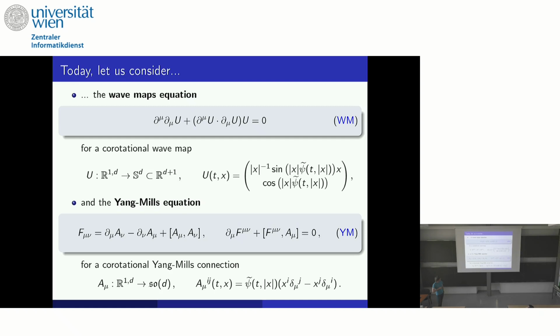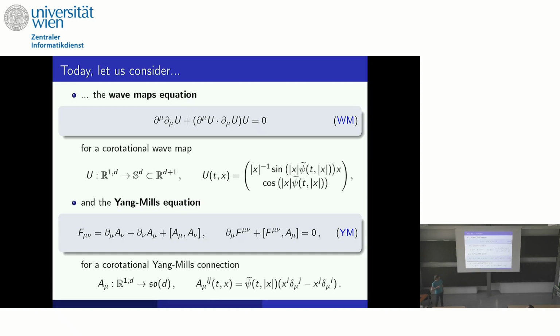Associated to this connection 1-form, one has the curvature 2-form, F mu nu, and the Yang-Mills equation asserts that the covariant derivative of this curvature 2-form is 0. So the Yang-Mills equation is a sort of nonlinear generalization of Maxwell's equations.